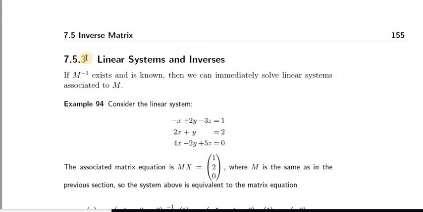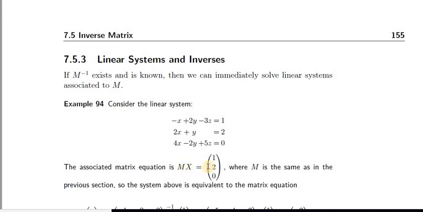And on to the next section. We have seen that we can take a linear system and express it in matrix vector form. Mx equals (1, 2, 0) in this case, where (1, 2, 0) is the vector of constants. Now, in ordinary algebra, you could solve this by multiplying both sides by an inverse, and we can now, since we have an M inverse, multiply this side by M inverse, multiply this side by M inverse.